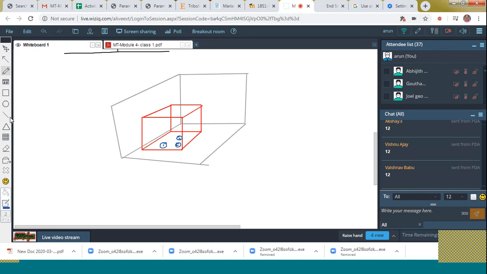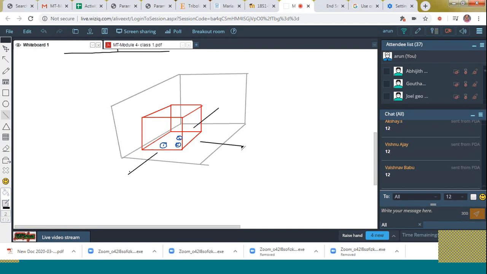Before that, let me mark the axes first. This is our x-axis, and this is minus x.